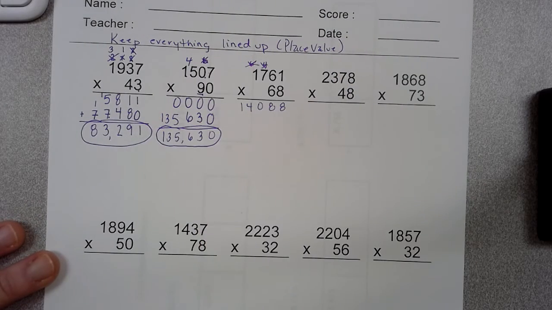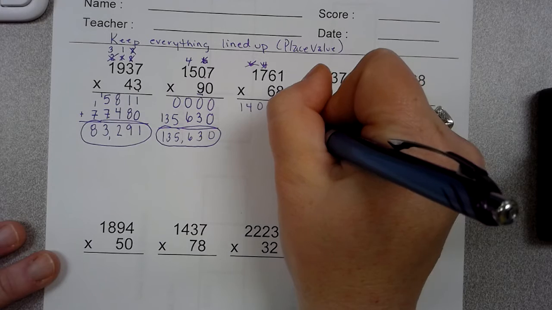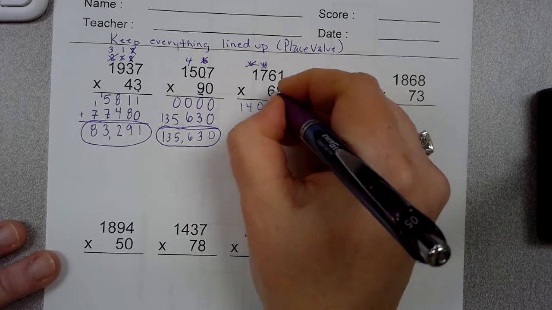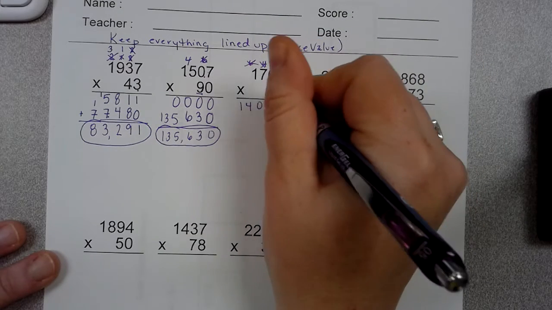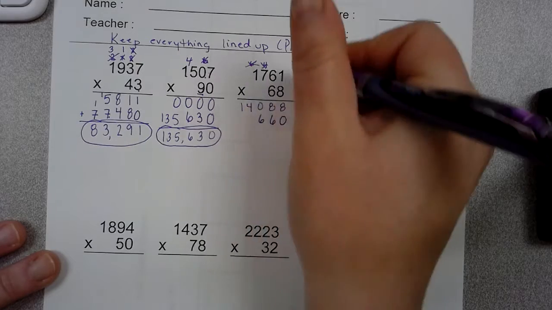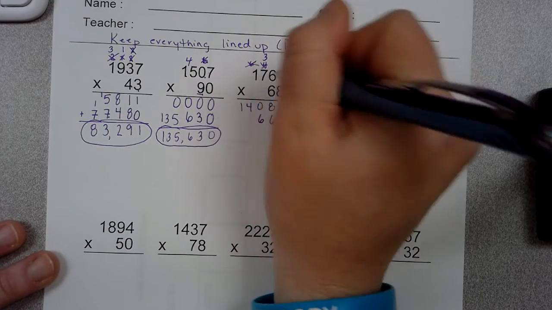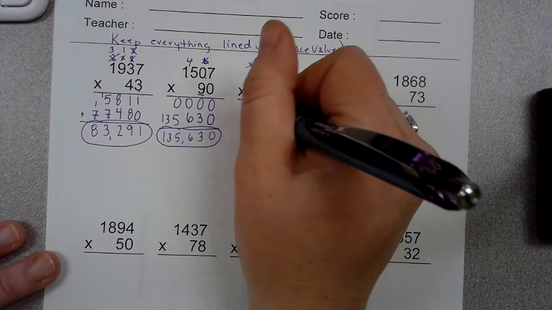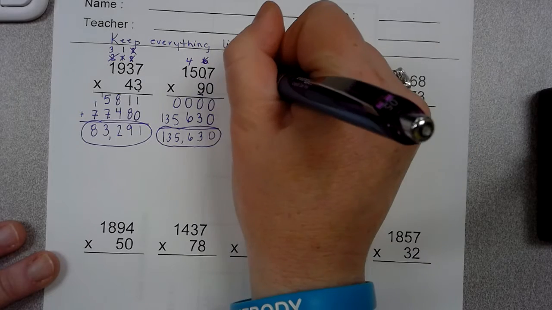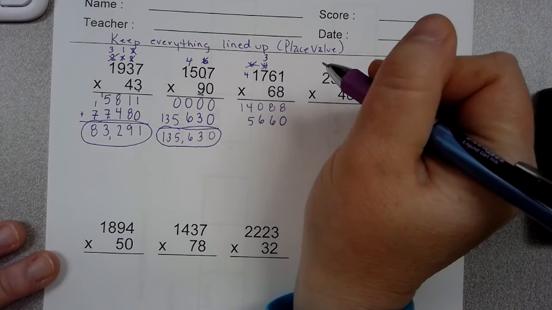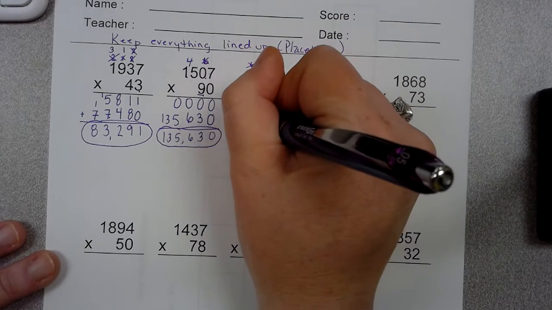Now, I'm going to put my 0 down here because I'm moving over to the tens place. 6 times 1 is 6. 6 times 6 is 36. 6 times 7 is 42, plus 3 is 45. 6 times 1 is 6, plus 4 is 10.